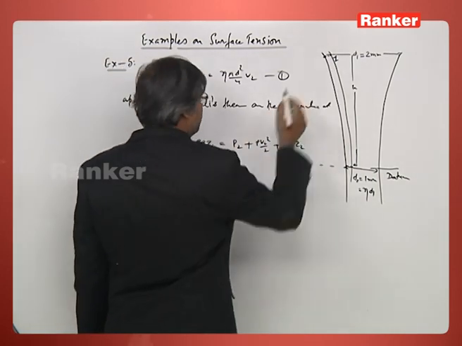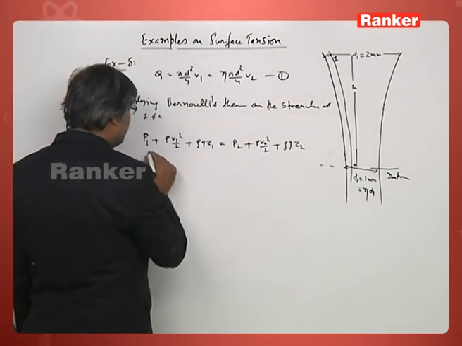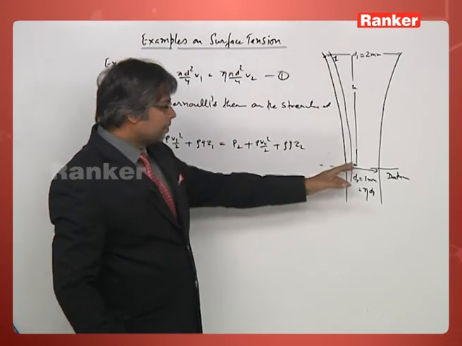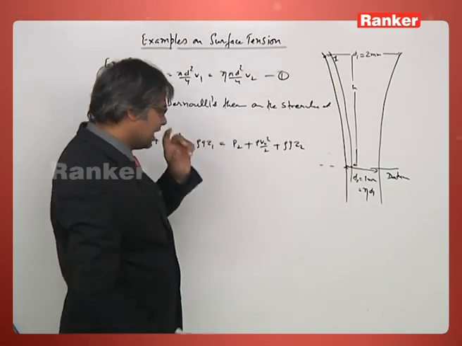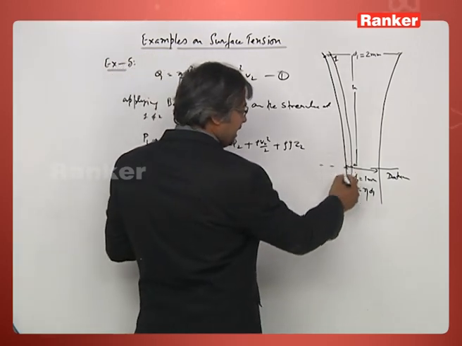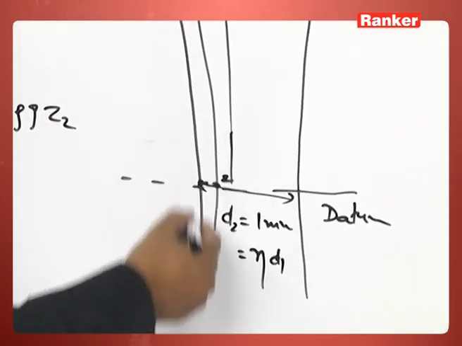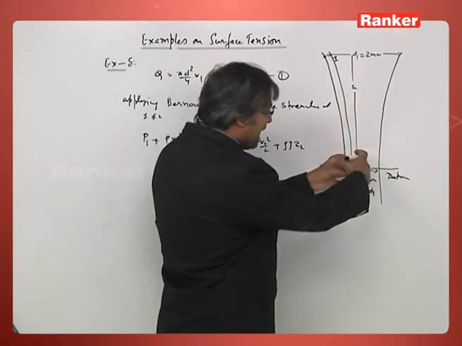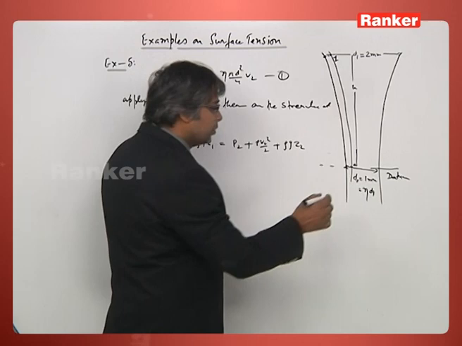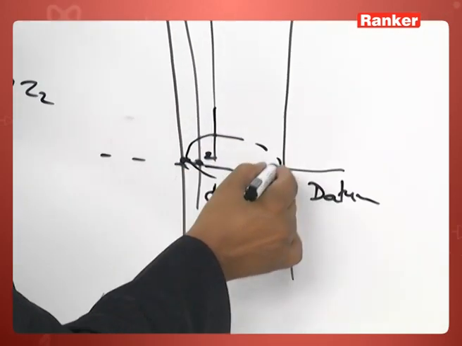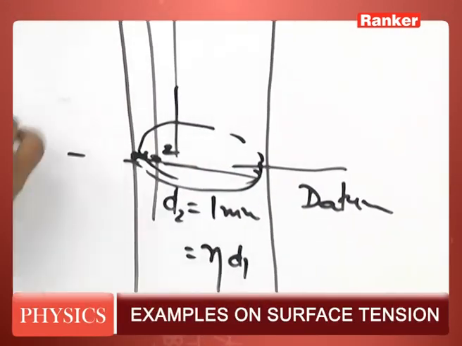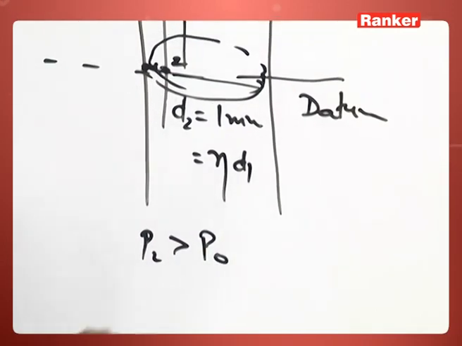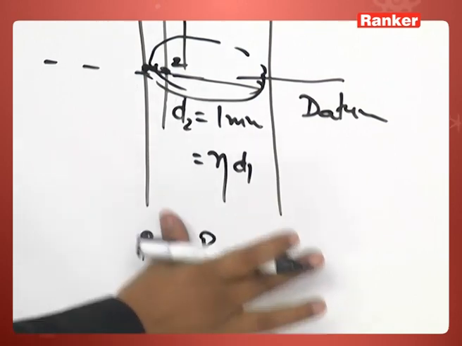Now, what is the pressure P1 here and what is the pressure P2 here? Now here you see I can approximate this as a cylindrical surface. Inside the cylindrical surface, the pressure is more than outside. So P is more than the outside P naught by how much amount?